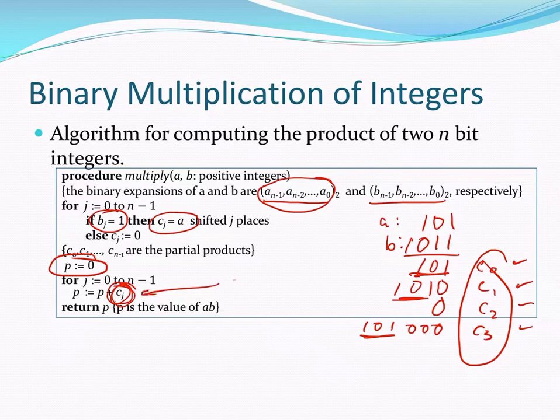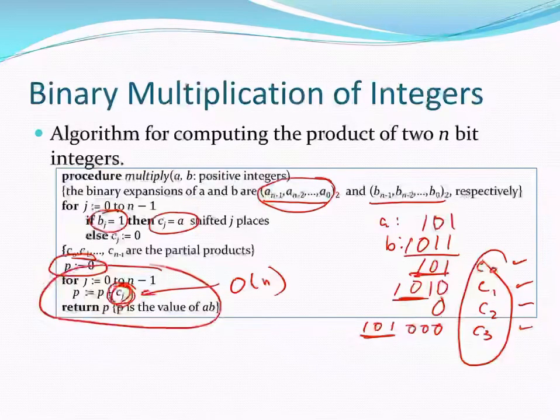But in reality, we know that this is a big O of n operation, and it's inside of a loop that is going to be executed n times. So the result of this will be something that is big O of n squared operations.